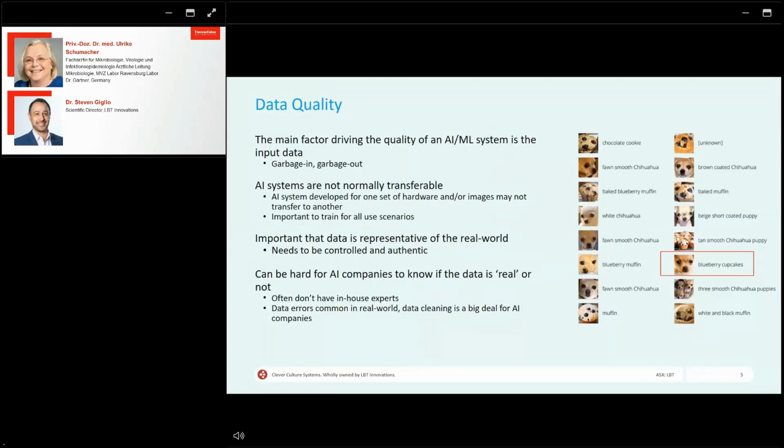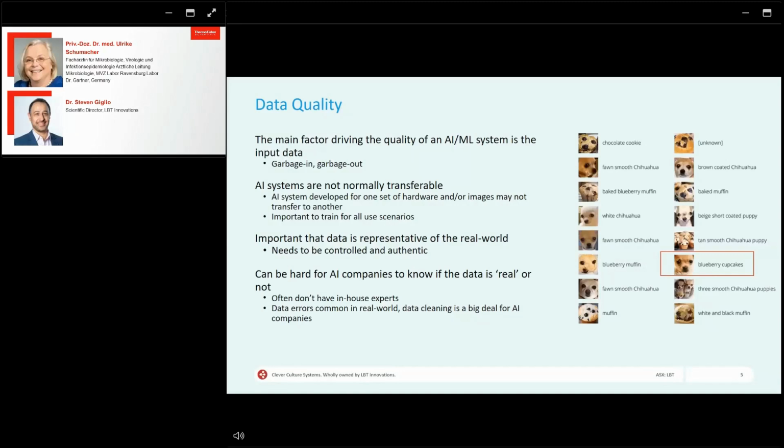We want data that is representative of the real world. It needs to be controlled and it needs to be authentic. There are a lot of people who are now data cleansers. There are a lot of people whose sole job in AI companies is to clean the data and to know if the data is real or not.